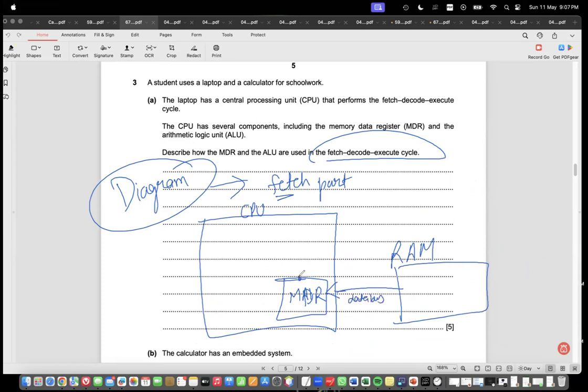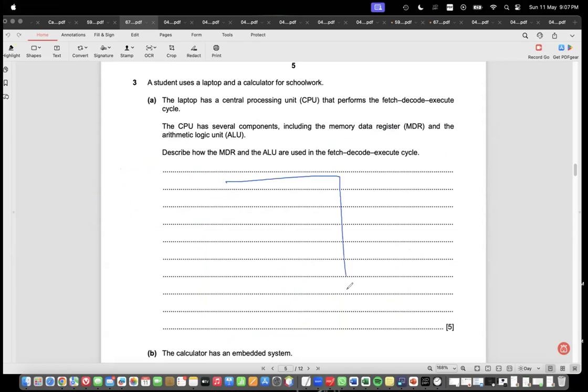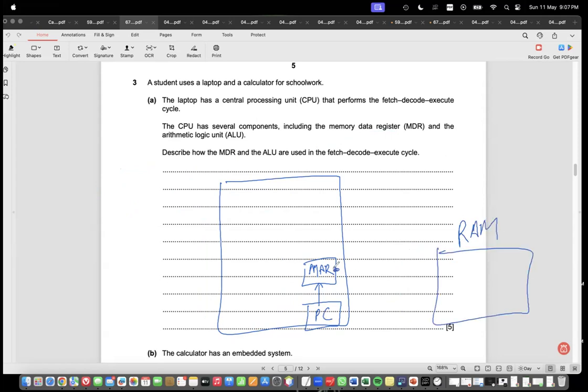Then this data will go to the CIR. We should show MAR also, because MAR is fetching the address from the program counter. RAM is fetching this address using the address bus from the MAR.